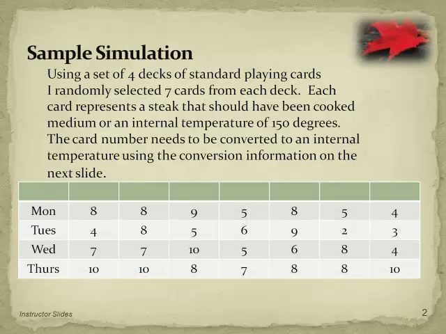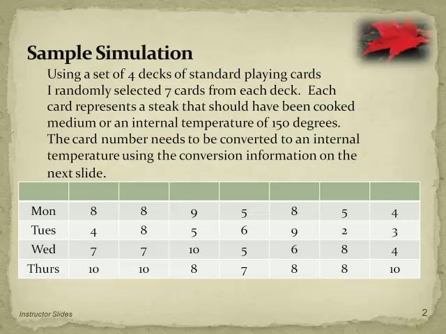When I do this simulation in the classroom, I have 4 decks of cards that I give out to students, and each deck has standard cards in it with the exception of the face cards like the Jack, the King, and the Queen, and the Ace.